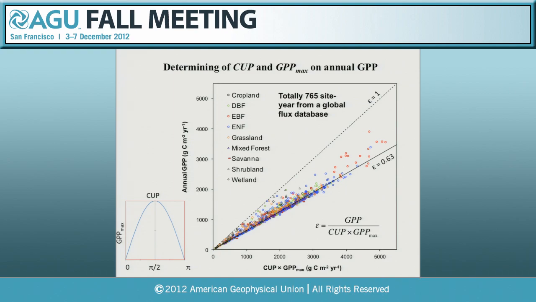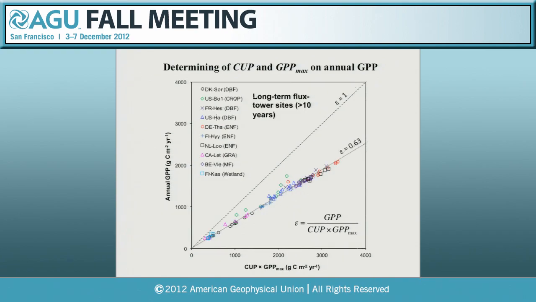Then we tried to explore whether this relationship would be conservative for long-term sites. So we picked those sites with eddy flux measurements longer than 10 years, and analyzed basically every year. In this way we can see the interannual variabilities within one site and across sites.